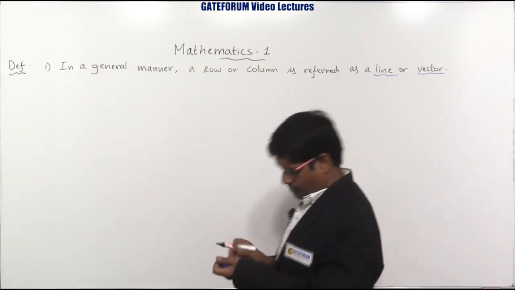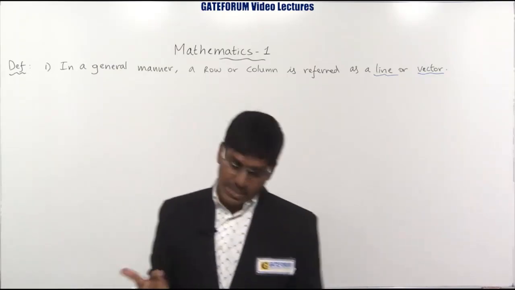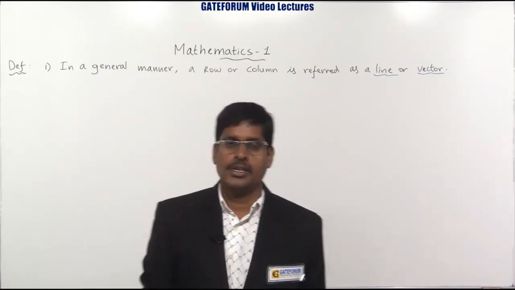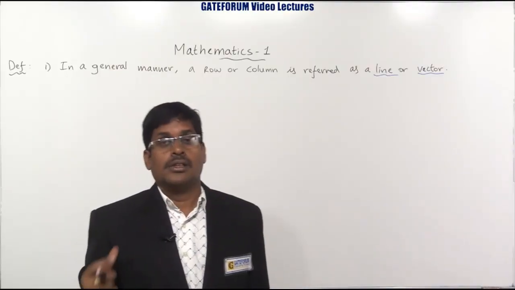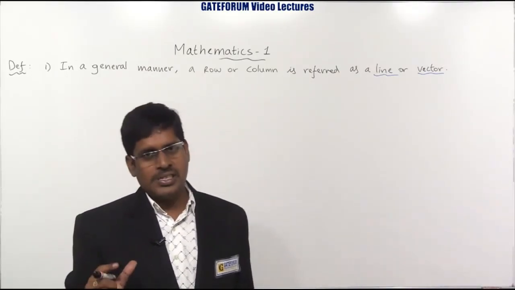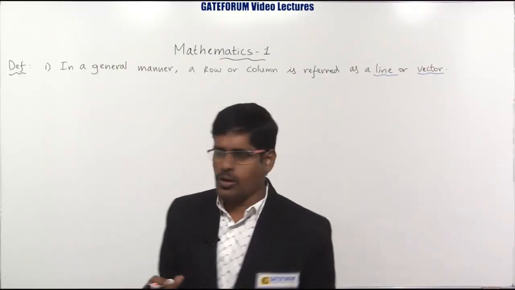So from now onwards, two lines means either two rows or two columns depending on the situation. Two vectors. If I say this in any question or definition, it indicates either two rows or two columns.